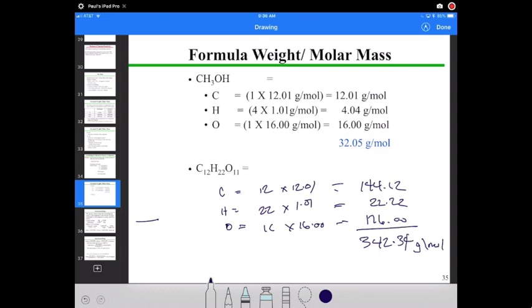You have simply 1 mole is this number of things, and that could be atoms, molecules, or M&Ms. That's one conversion factor, and then the molar mass is the grams needed to make 1 mole, and that is for every compound.